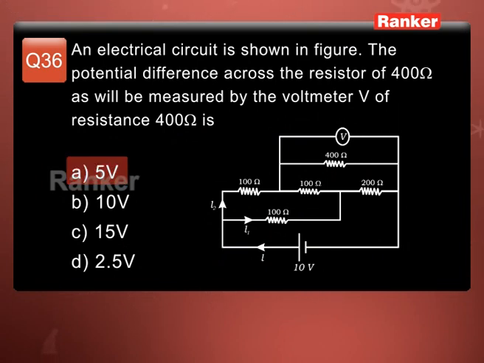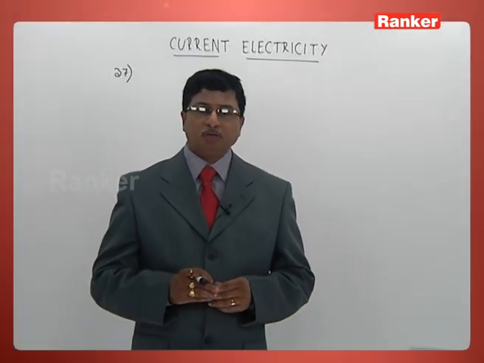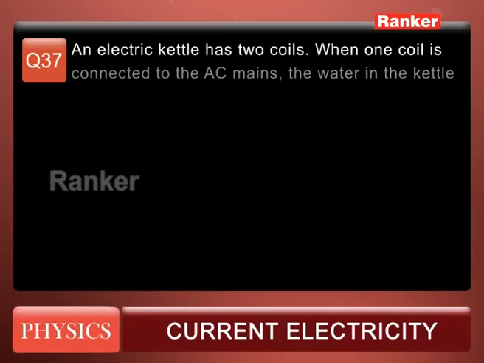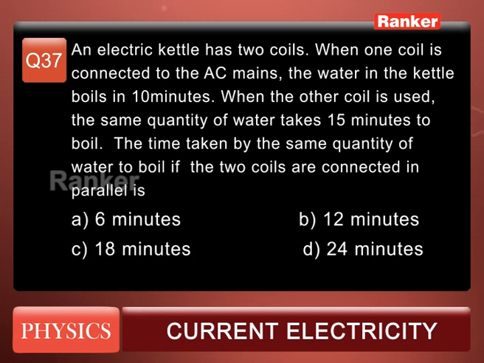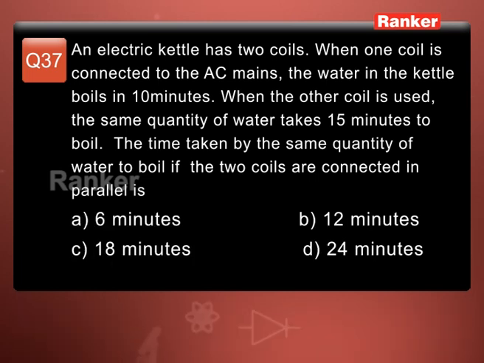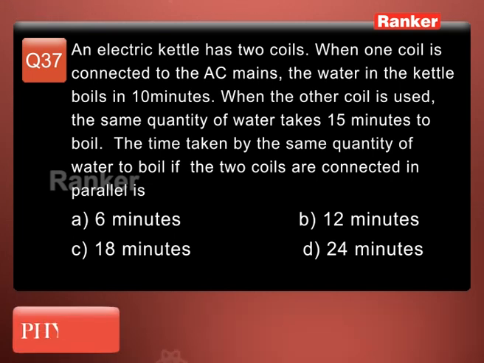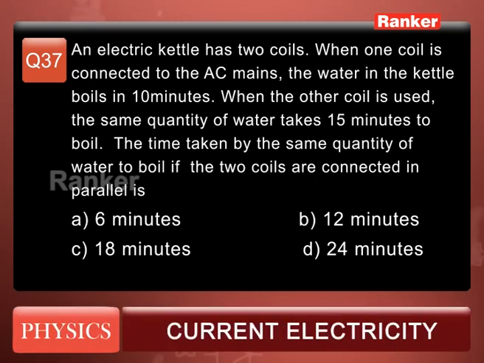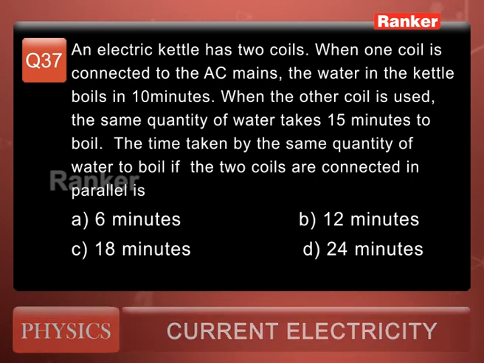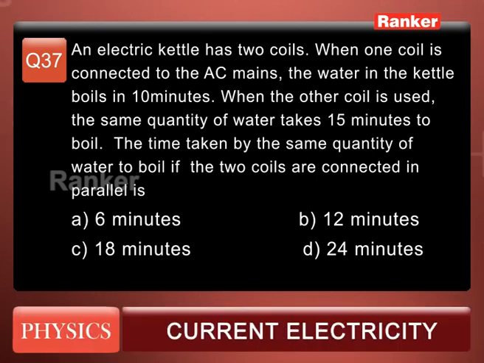Let us check problem number 37. An electric kettle has 2 coils. When one coil is connected to the AC mains, the water in the kettle boils in 10 minutes. When the other coil is used, the same quantity of water takes 15 minutes to boil.